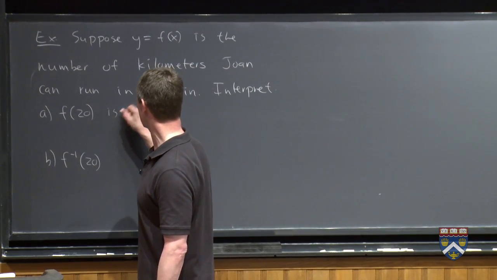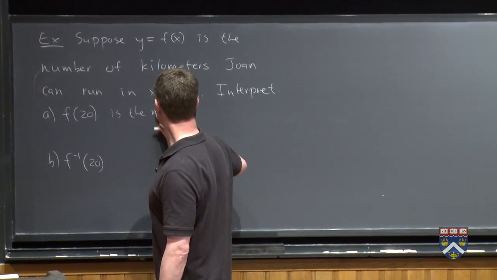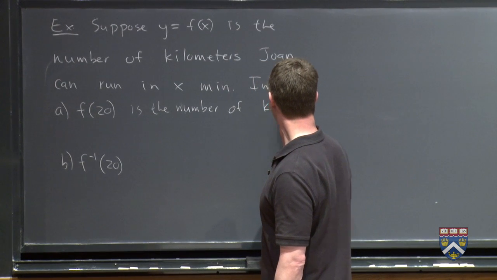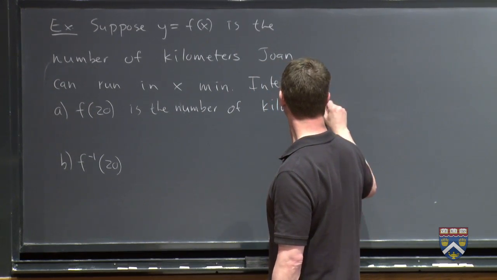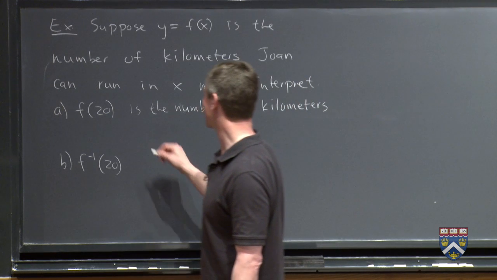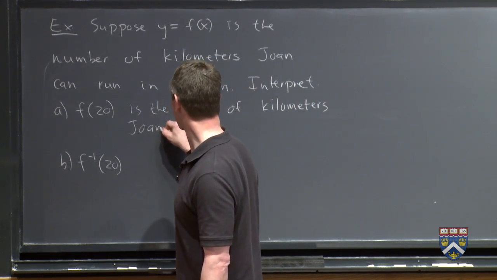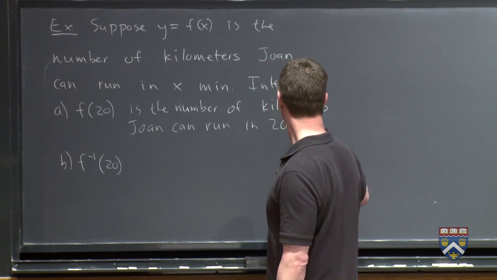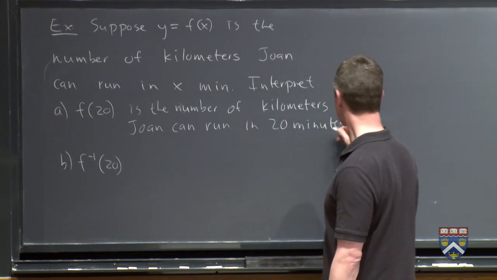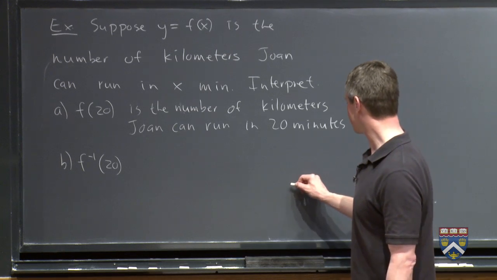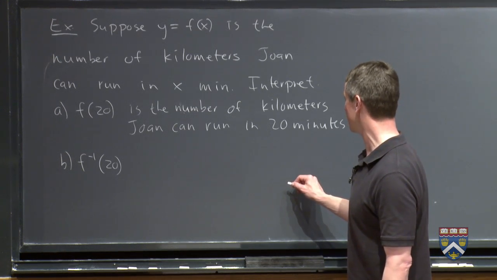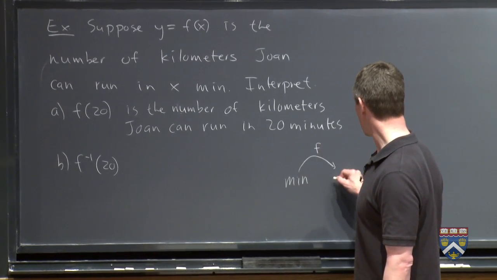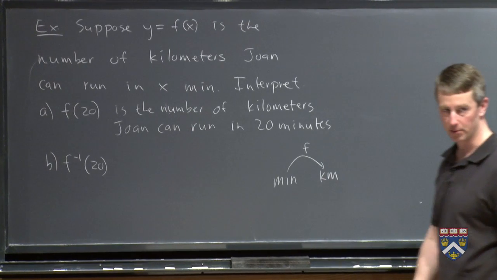So this is the number of kilometers Joan can run in 20 minutes. Because that's what the graph of f does. f starts with an input of minutes and gives an output of kilometers.